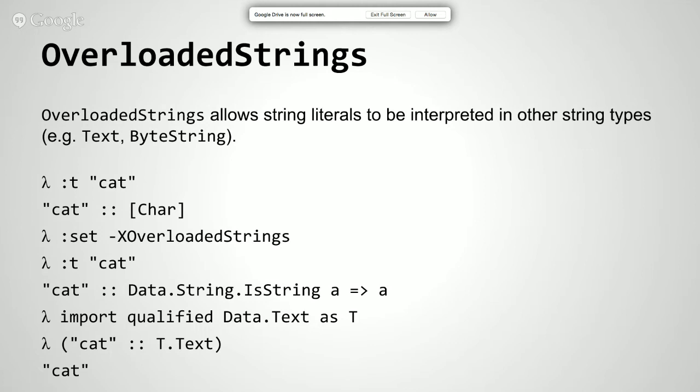That could be a list of characters. It could also be a Text. It could be a ByteString. It just gives us more options. And it means that to create a Text or a ByteString, we don't have to create the string literal and then call a function to turn that string literal into the Text or the ByteString.